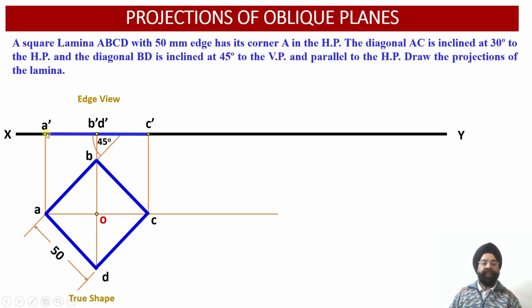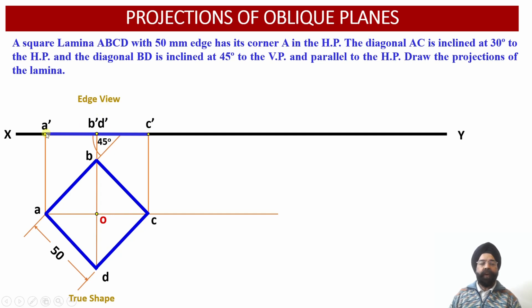Now we have observed that this front view projection, or the edge view projection, is obtained onto the horizontal plane because the lamina is lying onto the ground. Now we have to incline this particular surface of the lamina, or this diagonal AC over here. We can check, this is the diagonal AC corresponding to which the true length has been projected in the front view projections A dash, C dash.